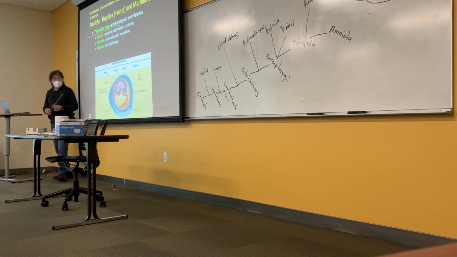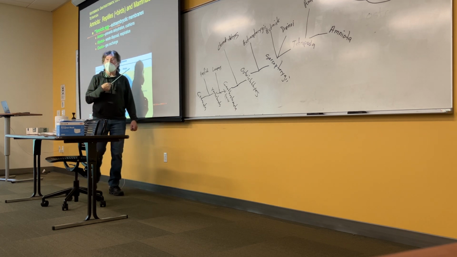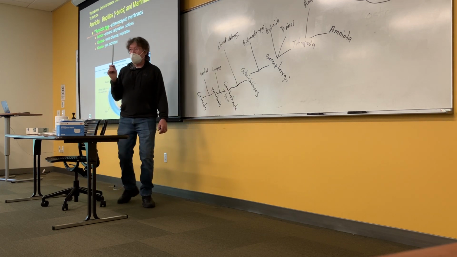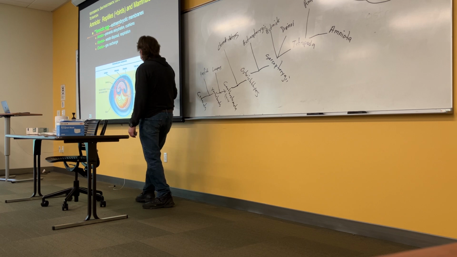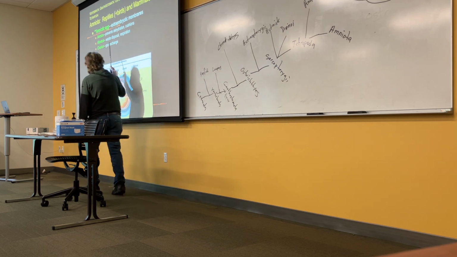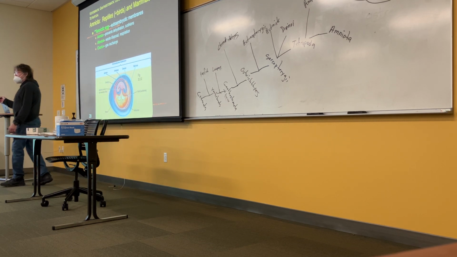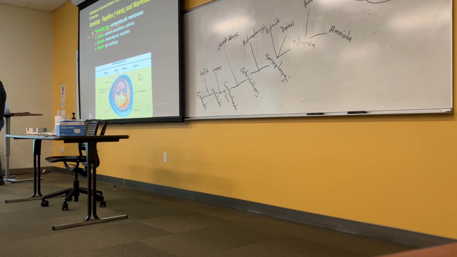And then another layer that oftentimes is mineralized, especially in some reptiles, but not all. In some reptiles it's mineralized, and this is called the chorion. The chorion is very much involved in gas exchange, getting rid of carbon dioxide, taking in oxygen. Now, when you have gas exchange, there's also a problem of water loss.